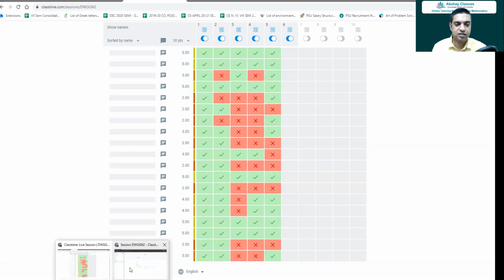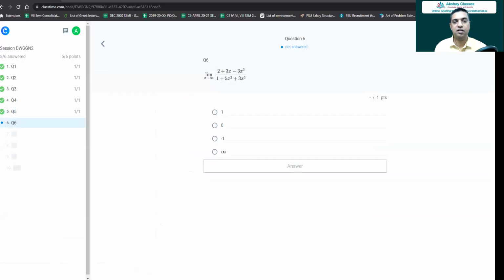Question 6. Again, an infinity by infinity form. This, I hope everybody answers correct.